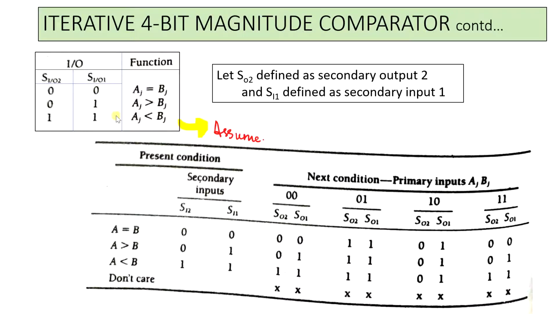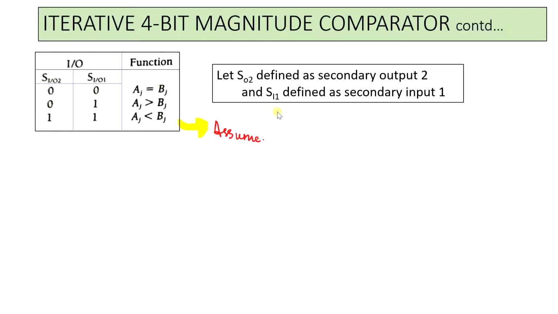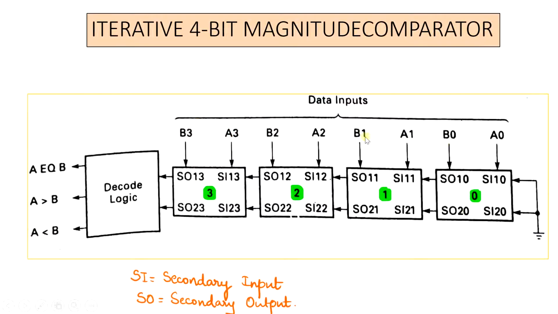Let me explain. So here I am considering the secondary inputs, that is my encoded data. So if this is my encoded data, you know that in the 4-bit iterative comparator, at each cell we had the external inputs which were represented as A0, B0, A1, B1, A2, B2, A3, B3.